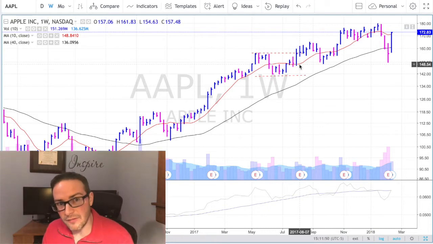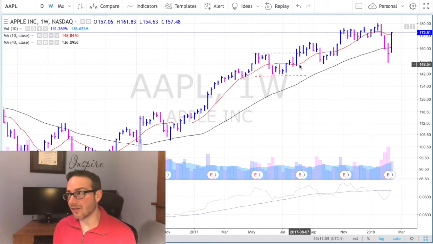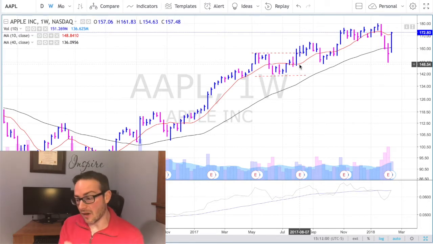There's a lot of art to this, and at least from my experience, the main thing we're looking for in these bases is the essence of the patterns, and really trying to define a clear place to enter and to exit.